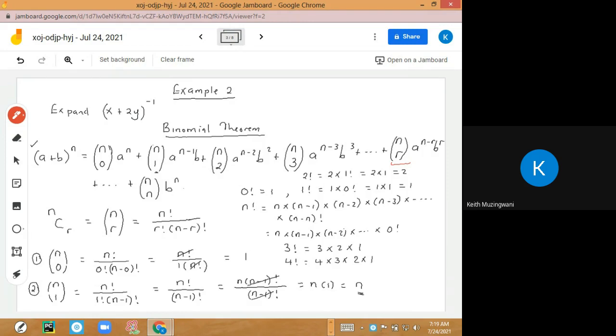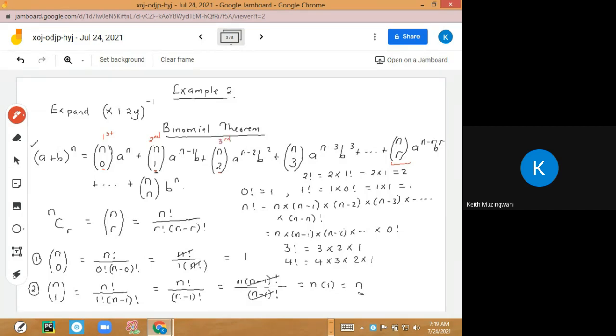The down number here is 0, and yet you are calling it the first term. The down number here is 1, and yet you are calling it the second term. The down number here is 2, the third term.